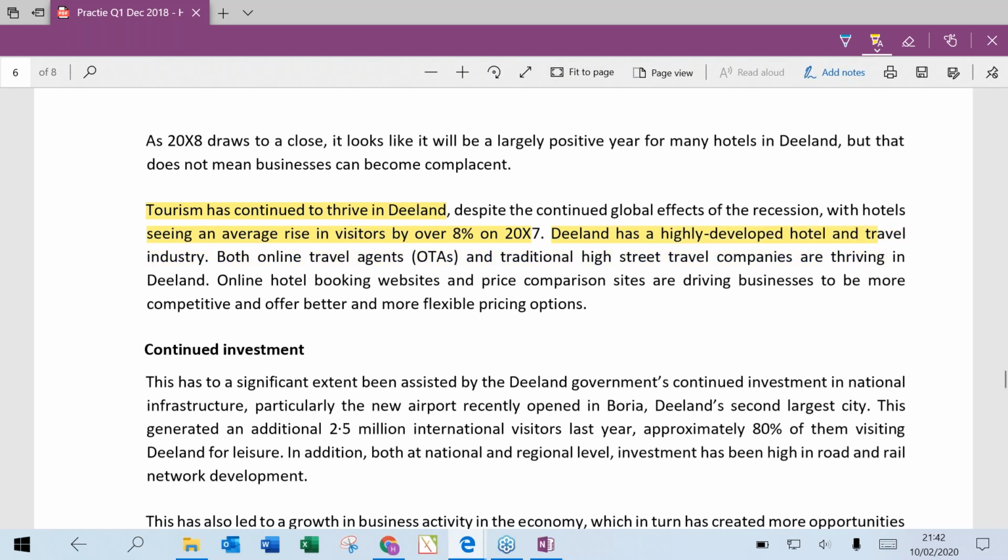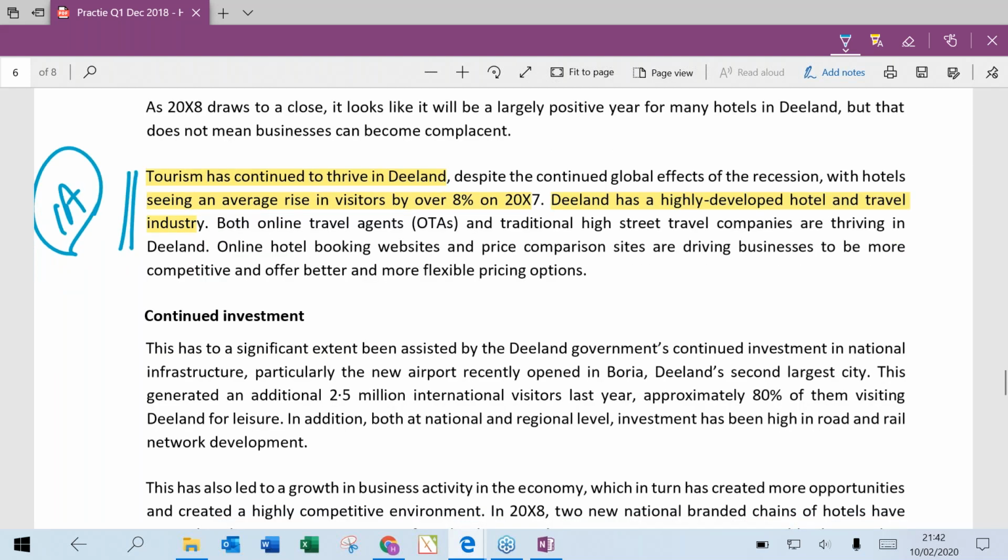That's good for us, right? Both online travel agents and traditional high street companies are thriving. Online booking websites and price comparison sites are driving businesses to be more competitive and offer more. So I think these are external factors, industry factors. Industry is thriving. I will use that.